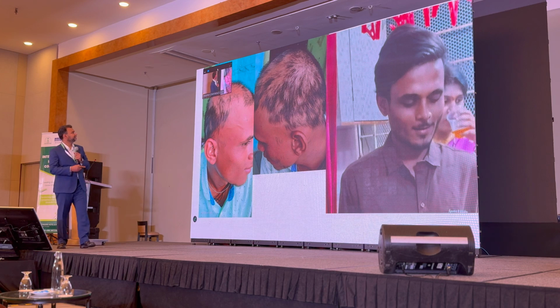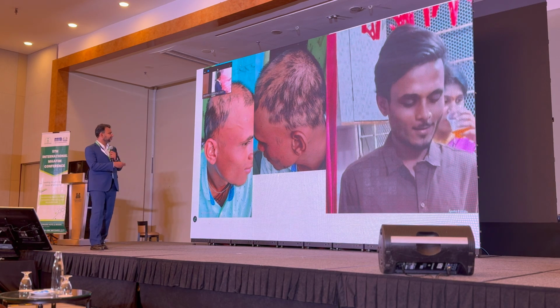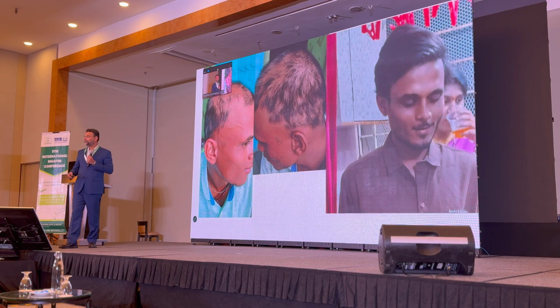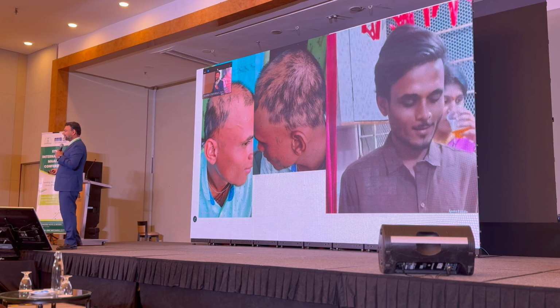So this patient had come to me. Actually I don't have the first picture, this is the second picture, but he did not have even eyebrows or eyelashes. He had alopecia totalis. I don't have that picture because I thought it's a case that is never going to get hair back again.